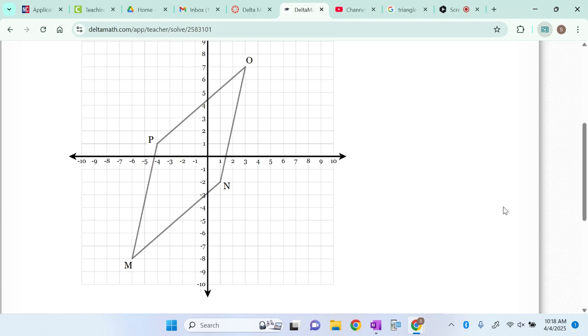Now, P is at 1, and to get to -8, how many units does that have to be? I would say 9, because it's 8 units to get to 0, and then 1 more to get to 1.